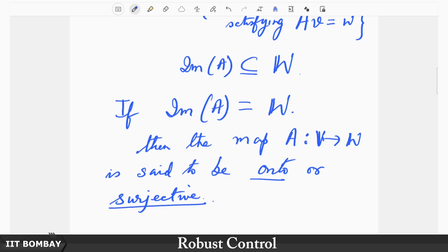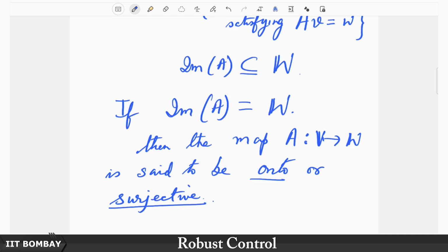So, the entirety of this codomain can be covered with mappings of elements from V. So, that means you pick any vector from the codomain W, and there must exist some vector in the domain V such that it gets mapped through this linear map to this arbitrary object that you have given me from W. If that is true, then it is said to be a surjective mapping or an onto mapping.